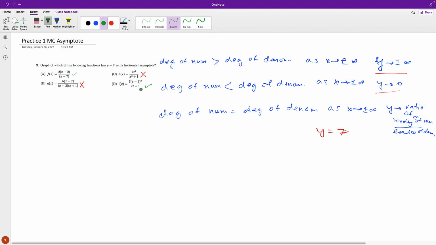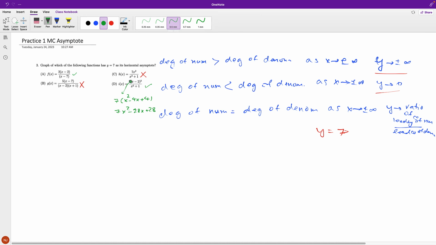Now, let's notice the ratio of the leading coefficients. If I expand that, I get x squared minus 4x plus 4. Therefore, the numerator is 7x squared minus 28x plus 28.